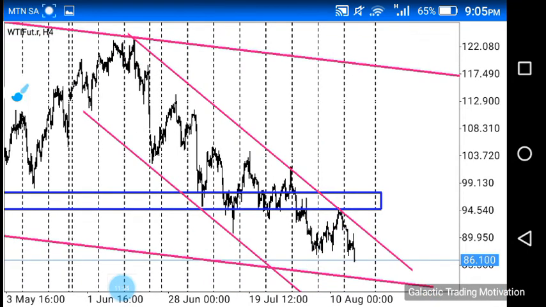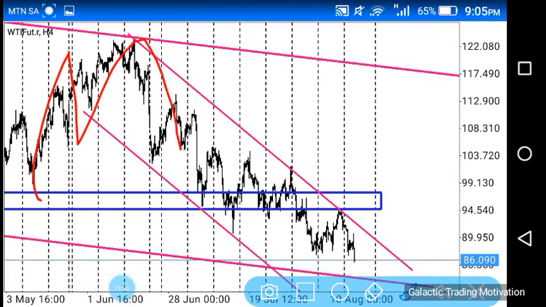We have number one, that huge M structure that we spoke about on the daily chart. Number two, we have the neckline of that M structure. Number three, we had price closing to the bottom side of that neckline. Number four, price went up again to retest that neckline.